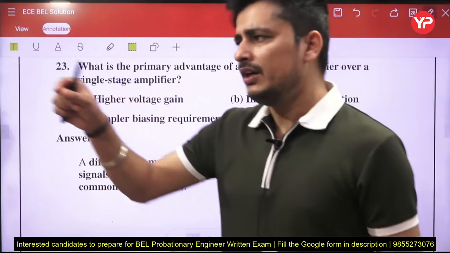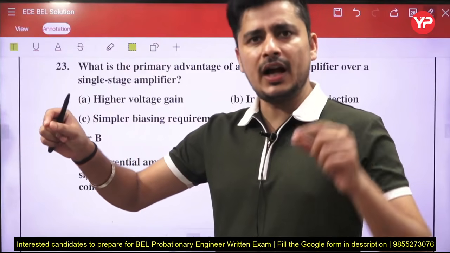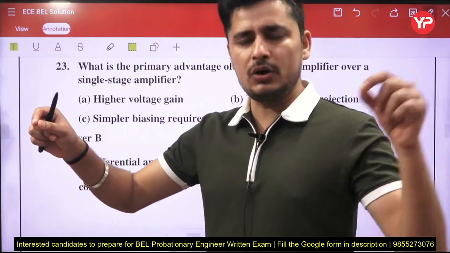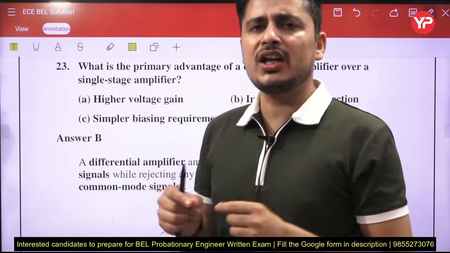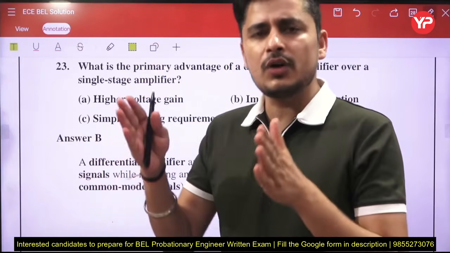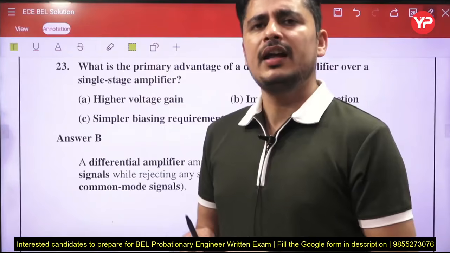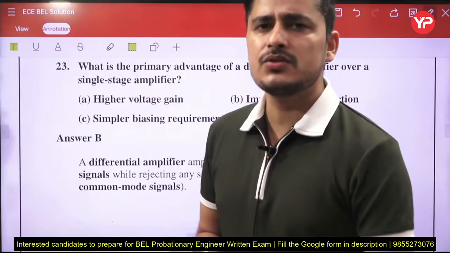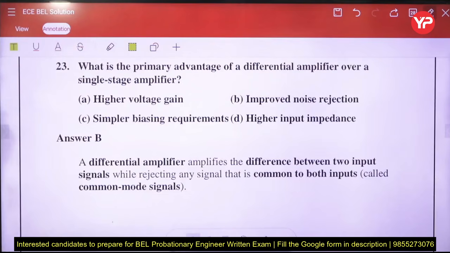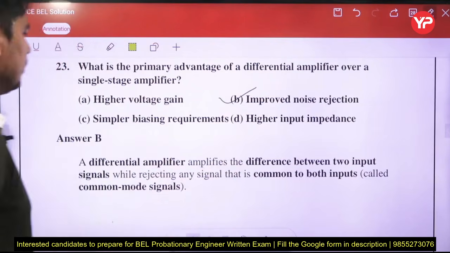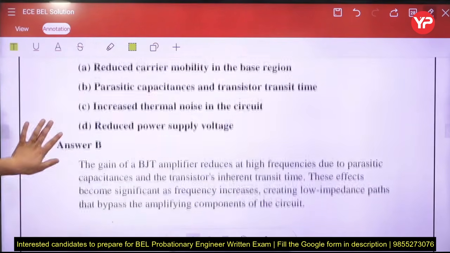We give the signal at one terminal, and at the other terminal we generally leave it open, which means it receives only the noise. When we take the difference, the noise will cancel out and you only have the signal, right? And you can amplify that signal using the differential amplifier. So basically it will improve the noise rejection.